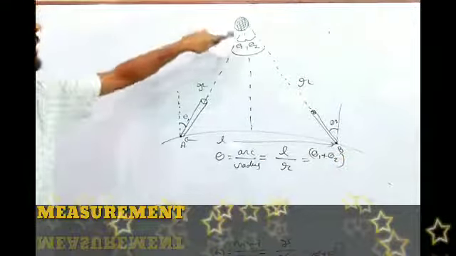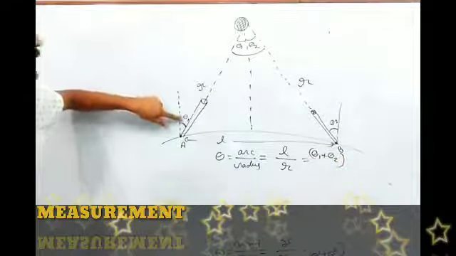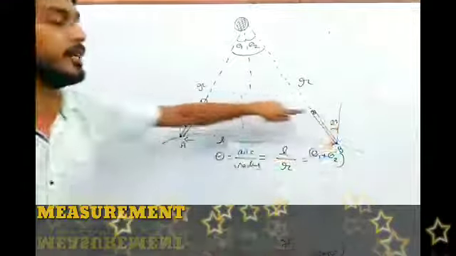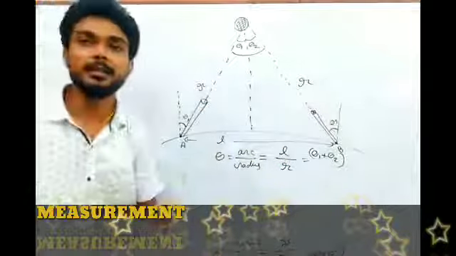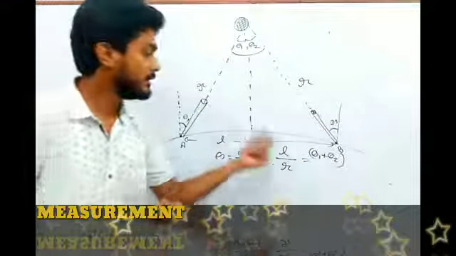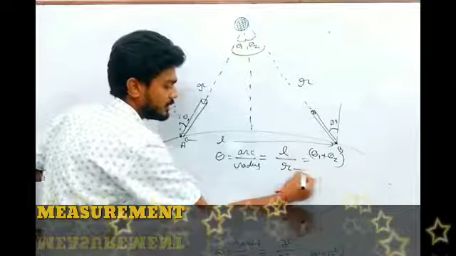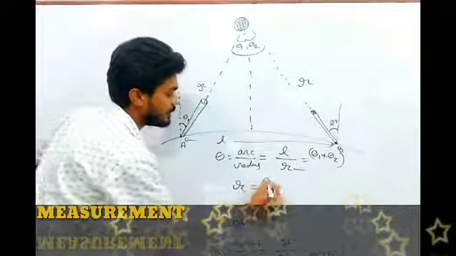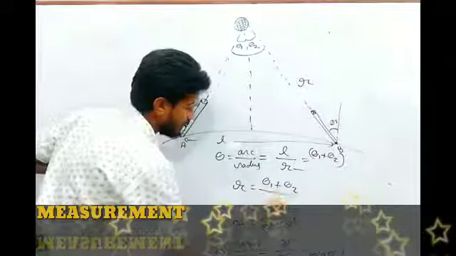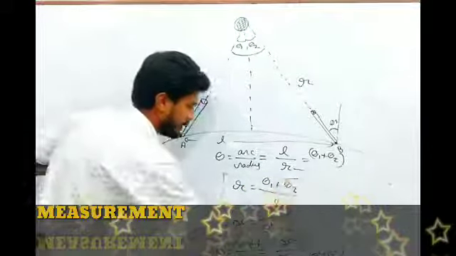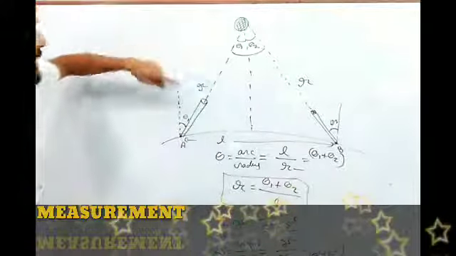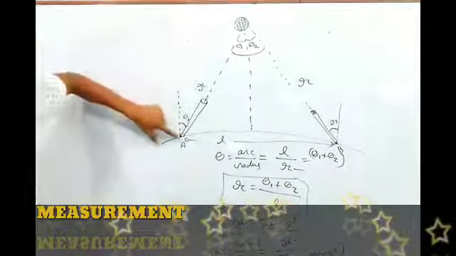Theta 1 and theta 2 have been measured from the two points. Students, it means now you have theta 1, theta 2 and L, and by using these you can calculate r, which is equal to L divided by theta 1 plus theta 2. And this r is the distance of that planet from the earth.